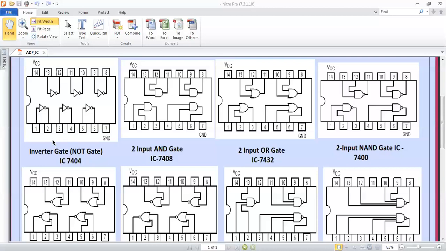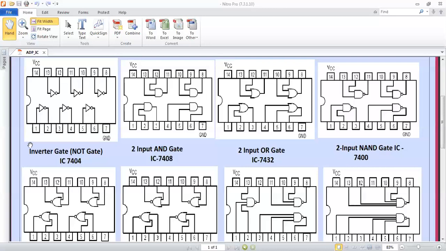Pin number 1 is used to give input, and from pin number 2 we take output. In the same way, this IC has 6 different gates available. So pin 1 input, 2 output, 3 input, 4 output, 5 input, 6 output. On the other side, pin 9 input, 8 output, and 11 input, 10 output. This IC works as a NOT gate IC.